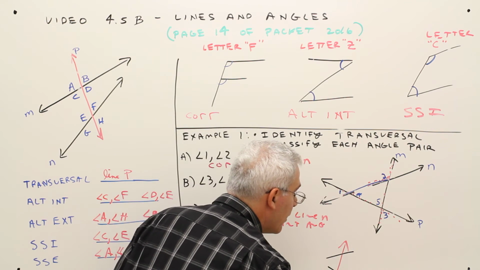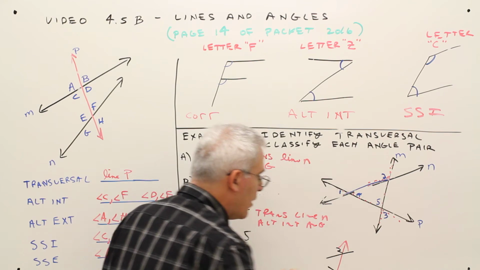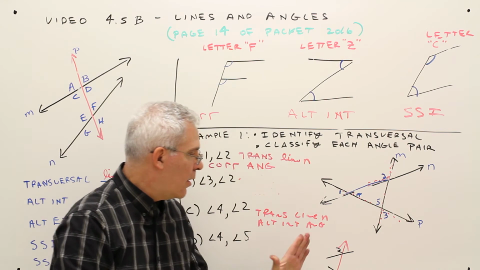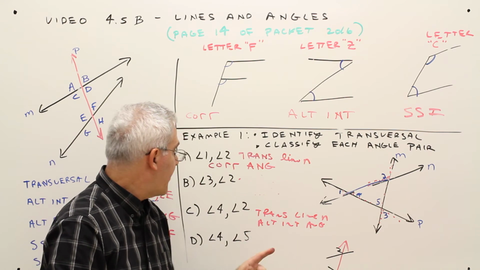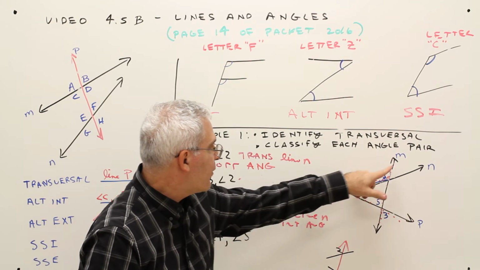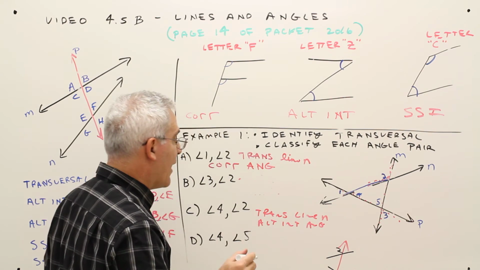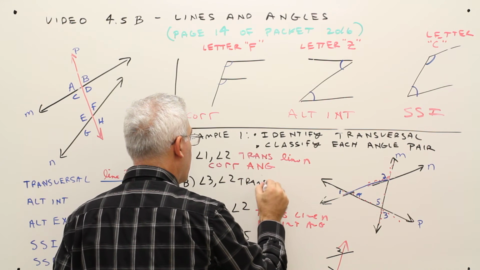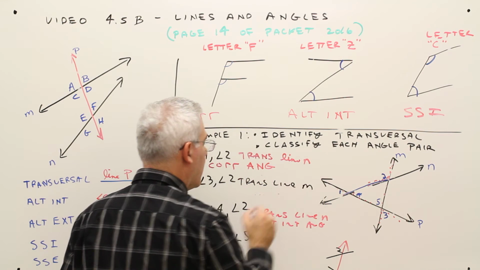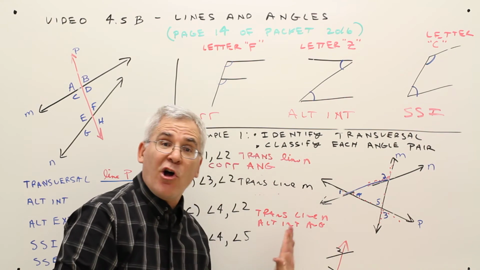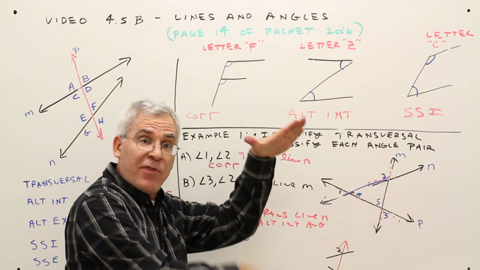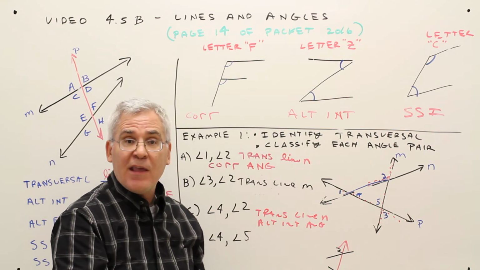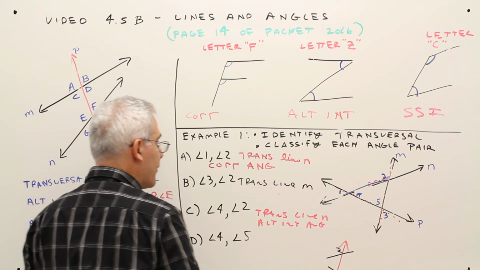Okay, so I'll label. That's a 3, and that's a 2. All right, notice they're on, I'll label the transversal. The transversal is line M, the thing in common. And notice they're on alternating sides and the exterior, so that would have to be alternate exterior angles.